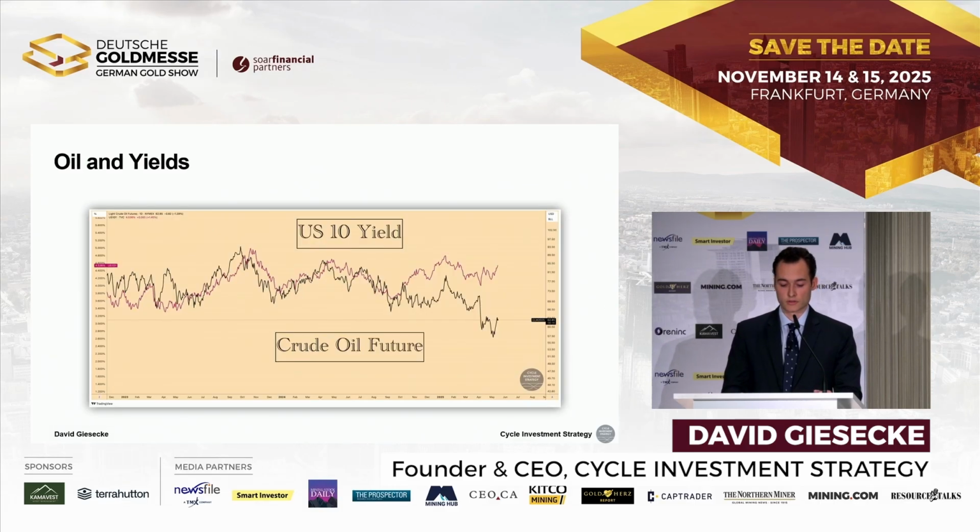So you can see this here. Crude oil is tracking inflation. Here's the US 10-year yield as a proxy for inflation, because the US 10-year yield rises and falls with inflation rising and falling, as investors seek a higher yield when their purchasing power is diminishing.